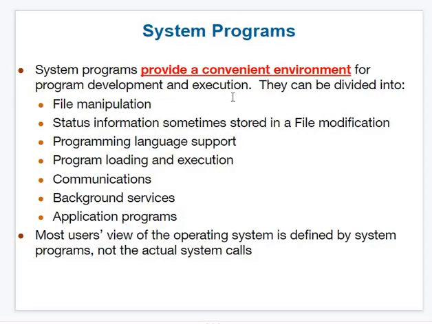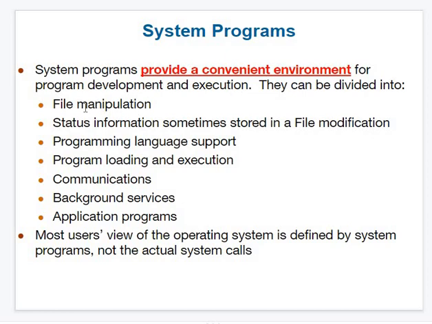So next, system programs. They provide a convenient environment so that programs or activities can be executed. See, what is the difference between system call and system program? A group of system calls is called one system program. A group of system call executions is called one system program.